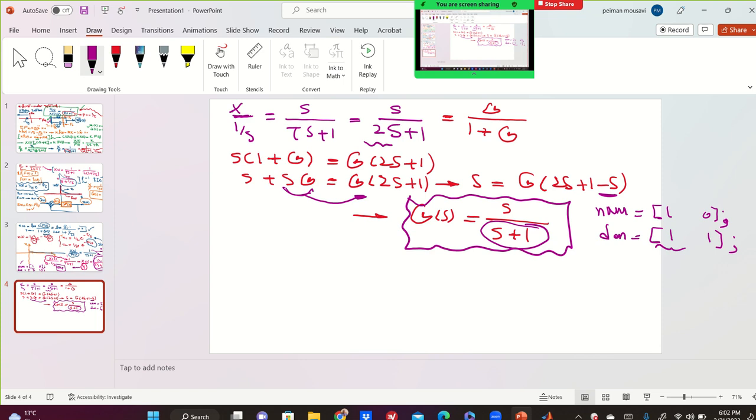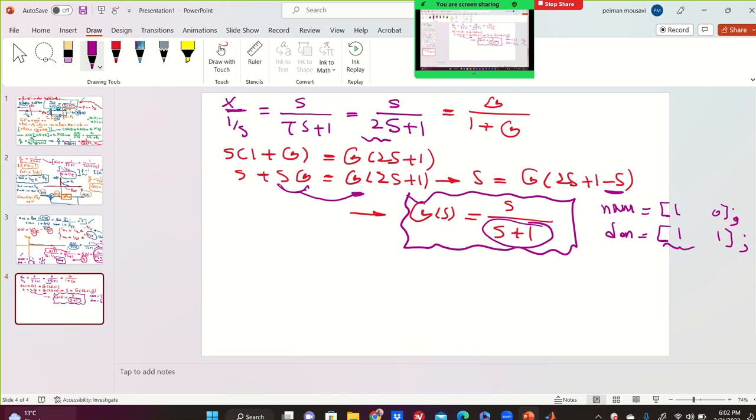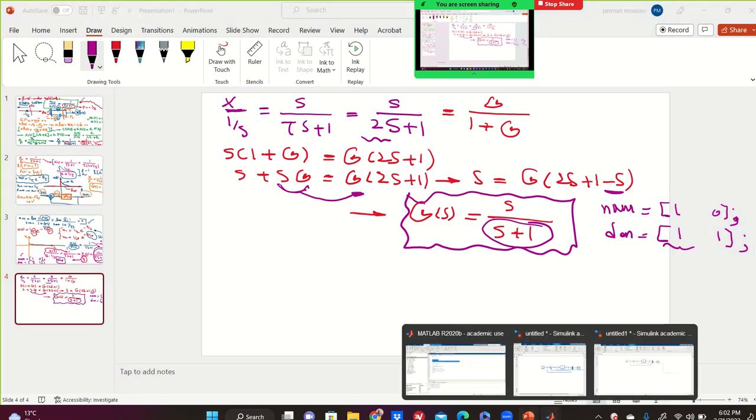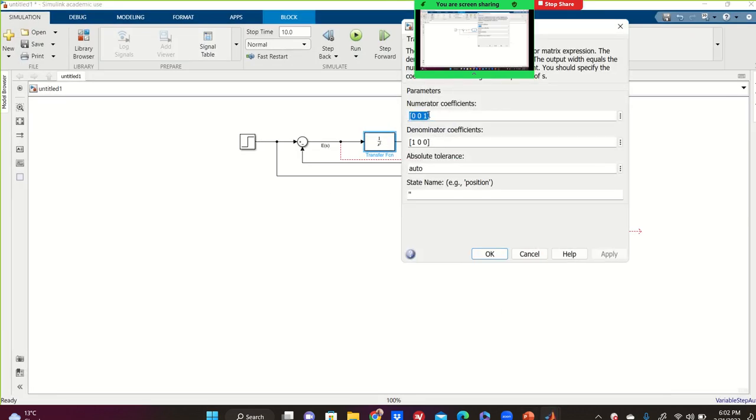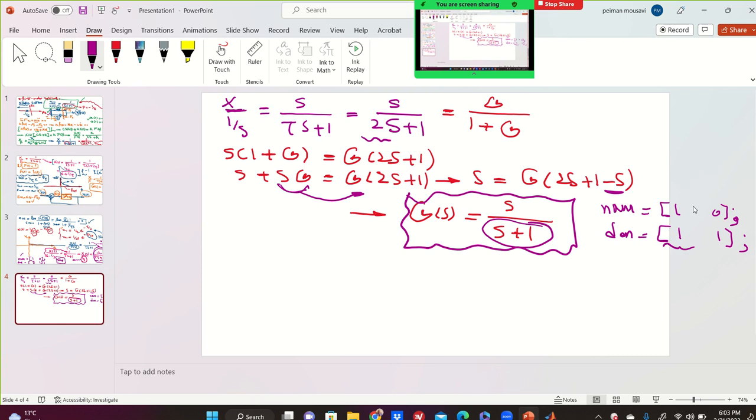Okay, having said that, you see that you have to have the same response. So I'm just double clicking on this. This is a stable system, numerator 1 and 0, denominator 1 and 1, exactly as I wrote here.